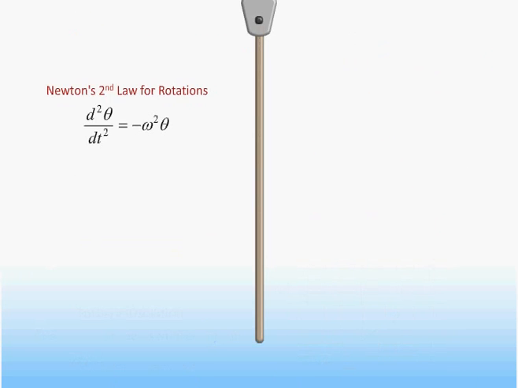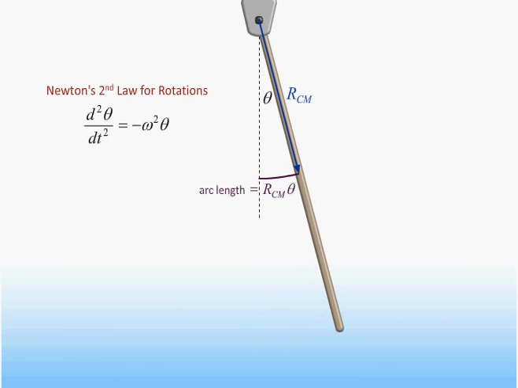We obtained the signature differential equation for simple harmonic motion for the angular displacement of a pendulum by assuming that the length of the arc swept out by the tip of a vector of length r as it is displaced through an angle theta from the vertical is approximately equal to the horizontal distance moved by the tip of the vector. Now, the exact expression for this distance is equal to r sine theta, not r theta.